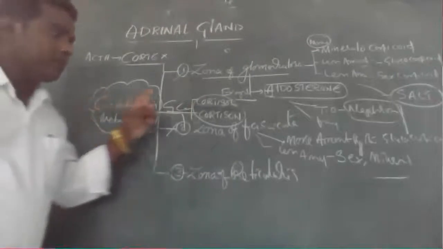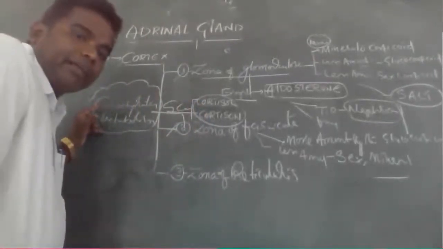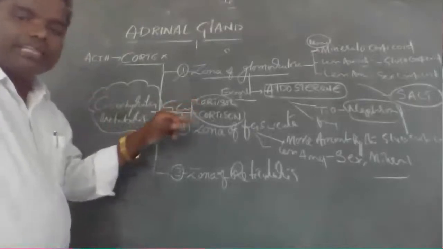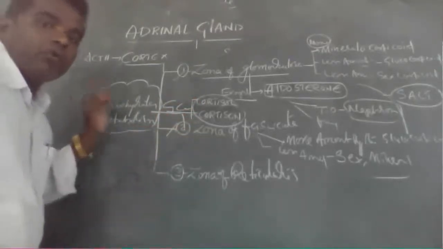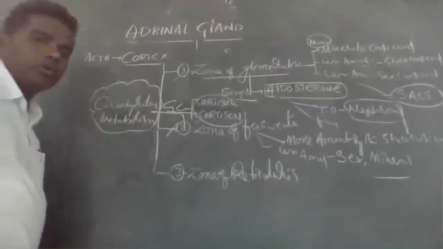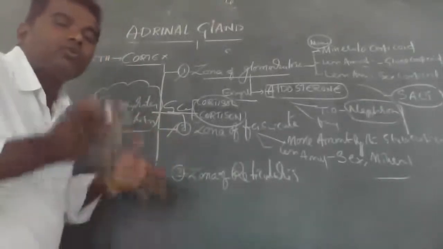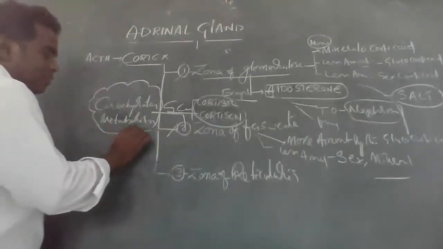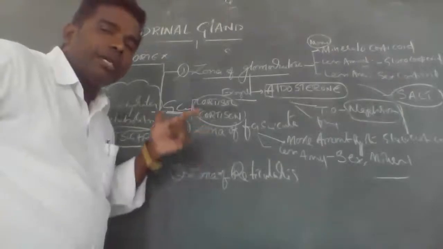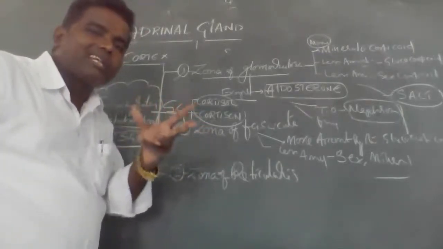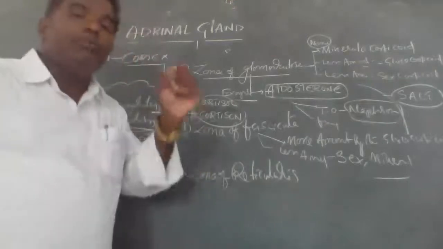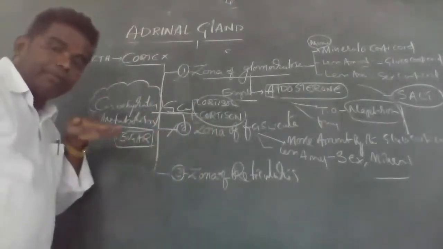Especially cortisol is responsible for the carbohydrate metabolism, to maintain the sugar level.